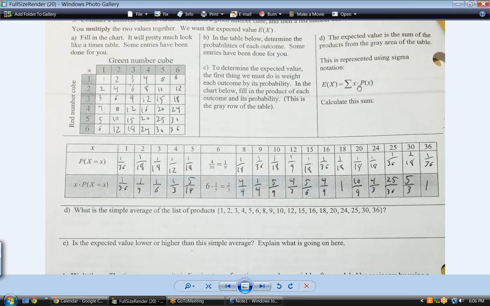Yeah, so the expected value would be the sum of each of these things. It says the sigma of x times p of x. Well, this is x times p of x. So we must add all of these up to get the expected value.